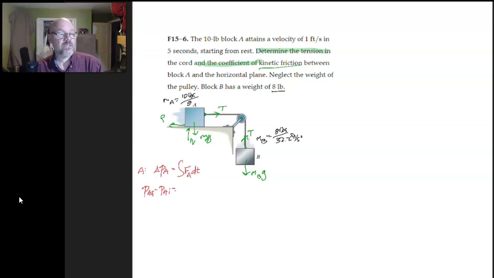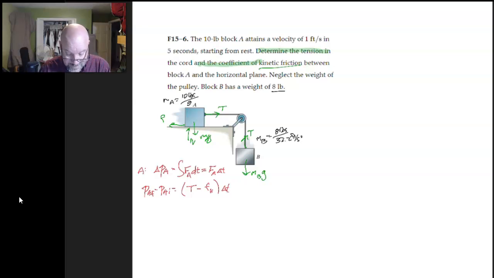We don't have any functions of time like we did in the previous one with the little motor. So when I do my integral, it just turns into an FA delta T. My forces are tension minus the friction acting on A, times delta T.